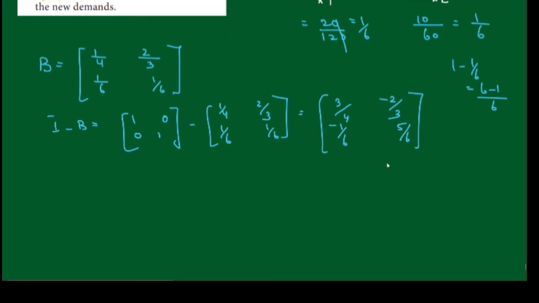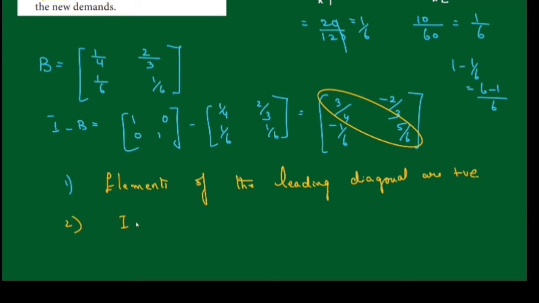Now how do you check the Hawkins-Simon conditions? What is the first one? The elements of the leading diagonal are positive. What is the second condition? The determinant of I minus B we have to find. For the determinant you just cross multiply. So 3 by 4 into 5 by 6 minus 2 by 3 and minus 1 by 6 will become plus.